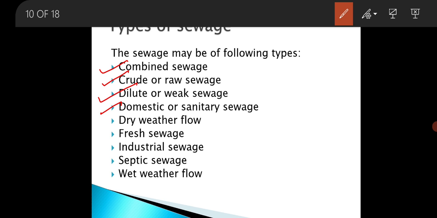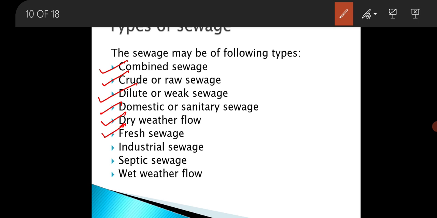This indicates sewage which is mainly derived from residential or business buildings, institutions, etc. And it may or may not contain storm water. Next is dry weather flow. This indicates the normal flow of sewage during the dry season of the year.